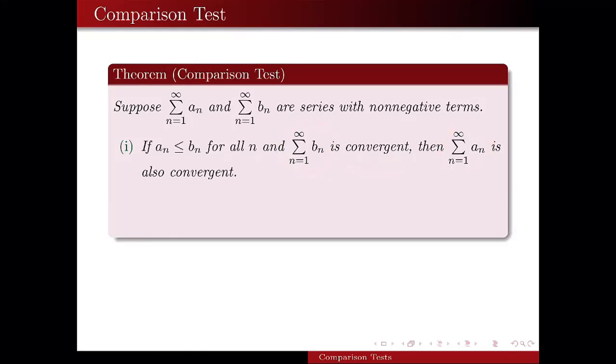So again, we have series a_n and series b_n with non-negative terms. The smaller series is the one we are studying. If the bigger series is convergent, then the smaller series is also convergent.